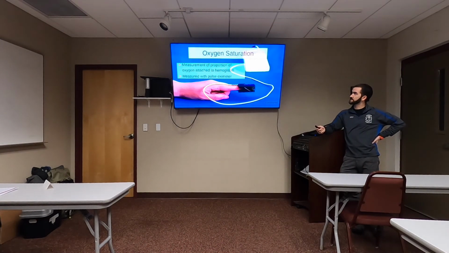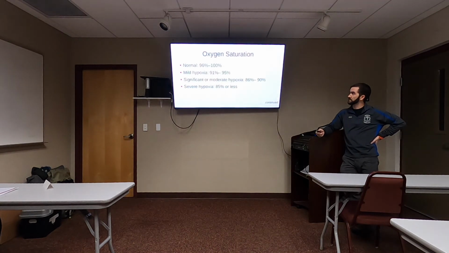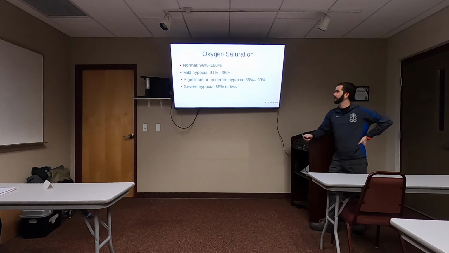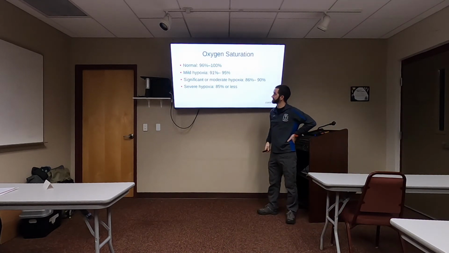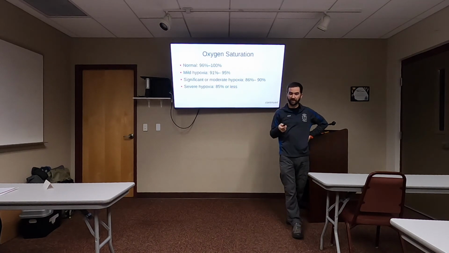O2 sats. This measures how much of your hemoglobin is saturated with oxygen. So normally it's 96 to 100. I think most places say now 95 to 100. So if you get down to like 91 to 95, you're in mild hypoxia.